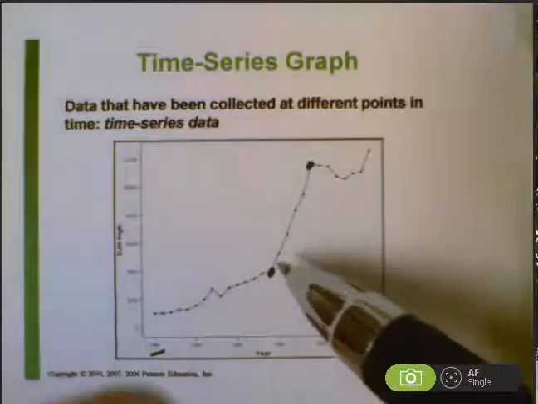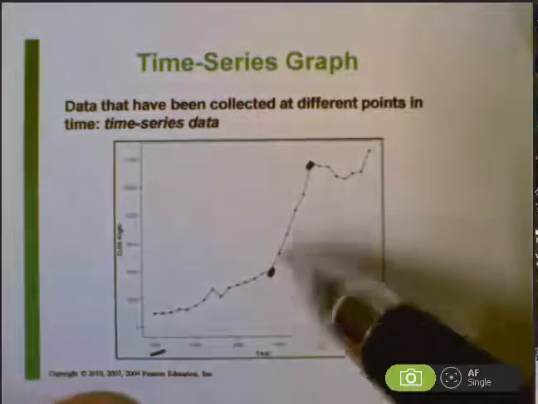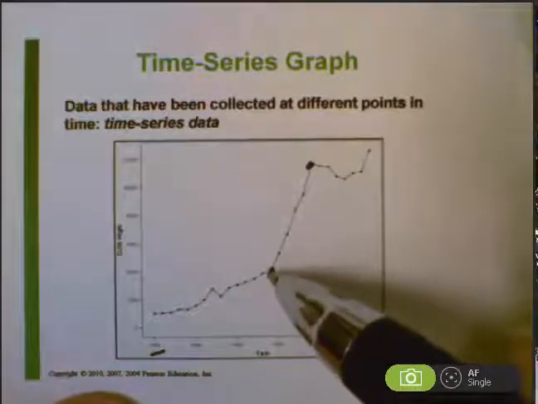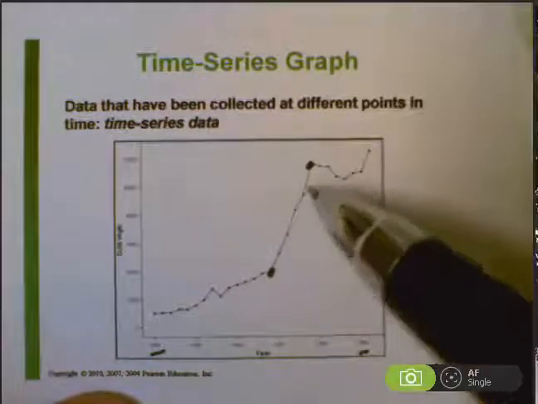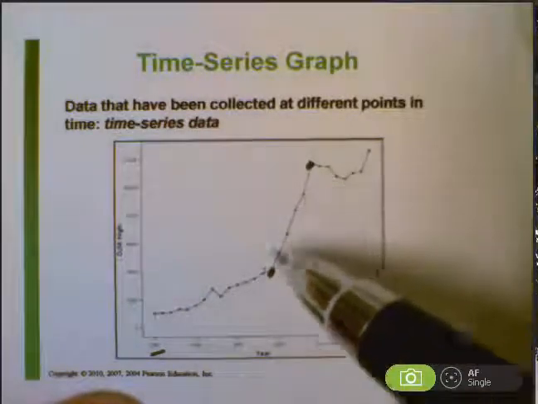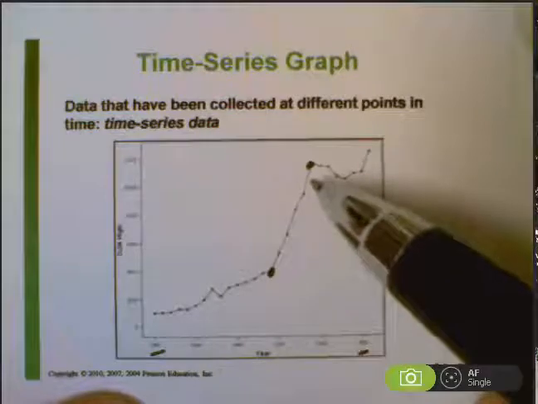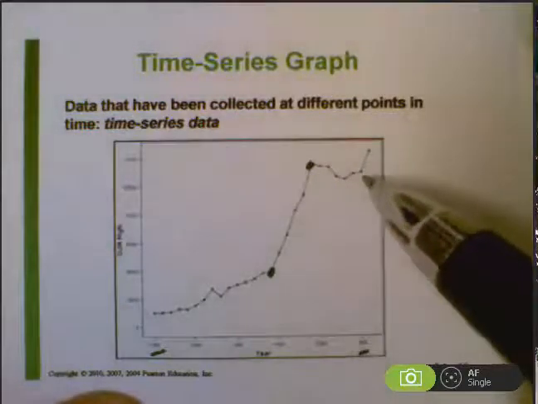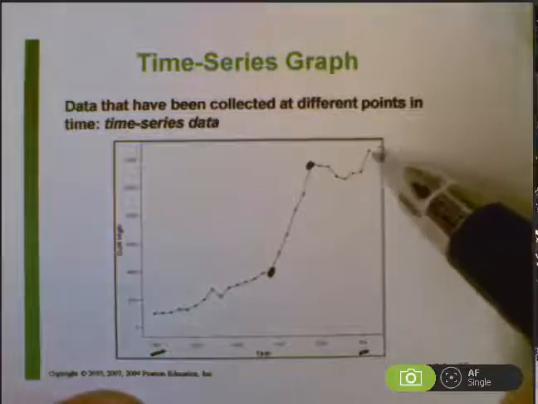By thinking back at my retirement fund, I would say that's the years from about 1990 to 2000. The Dow Jones Industrial Average was growing very rapidly, and then there was a small correction. And then in the year 2000, it started gaining again.